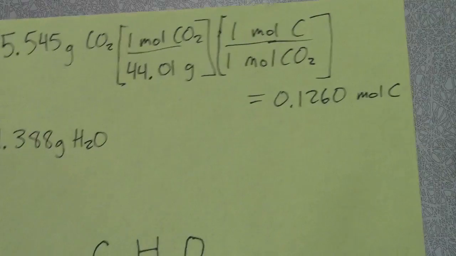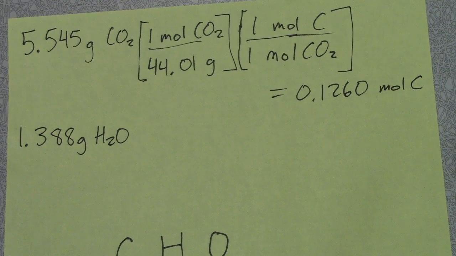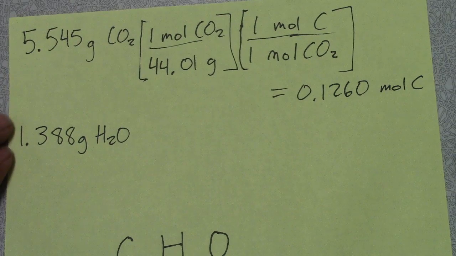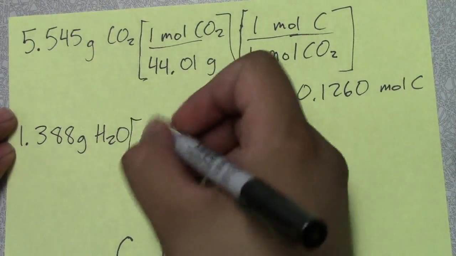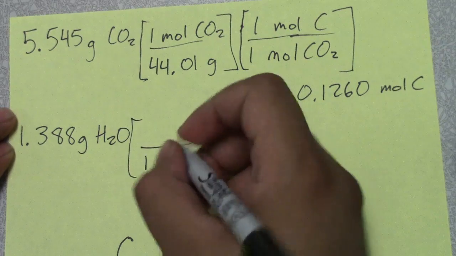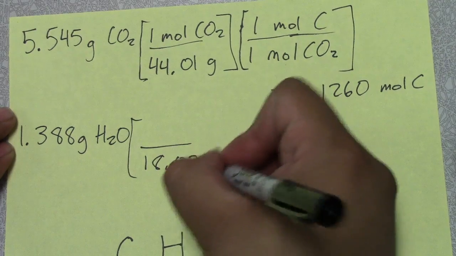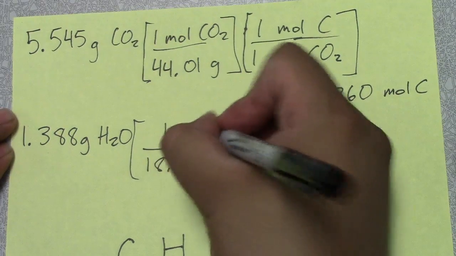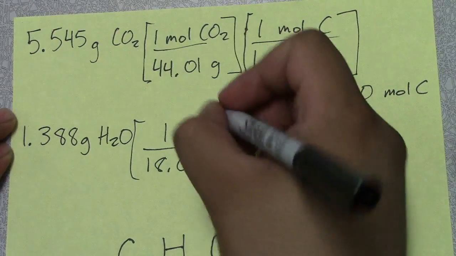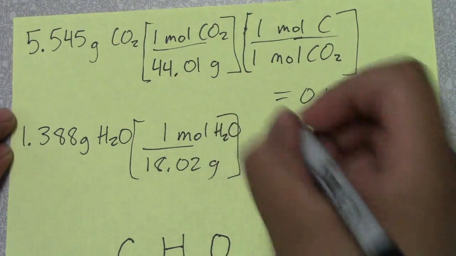Let's do the same for water. We initially had 1.388 grams of water, and what we're going to do here is convert that to moles of hydrogen. So the molar mass of water, which we will become increasingly familiar with as time goes forward, is 18.02 grams for every 1 mole. 1 mole of water, that is, and I should go ahead and be specific.